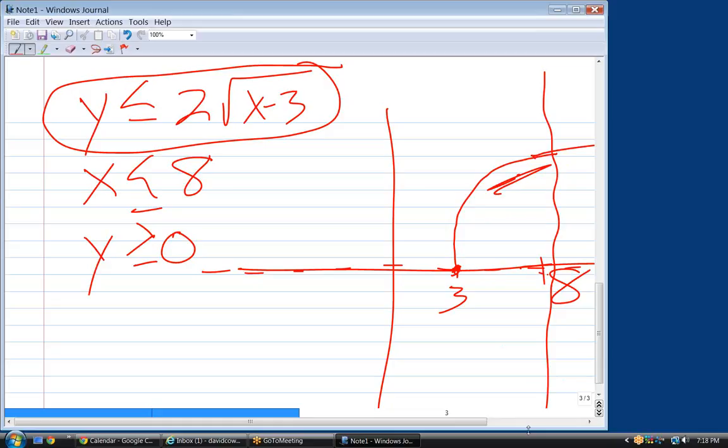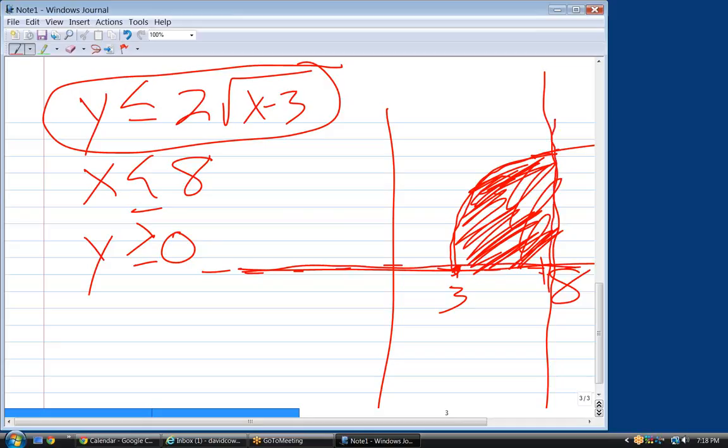If I want y greater than 0, x less than 8, and y less than this curve, then this is the area, with a solid line there, a solid line here, and a solid line there.